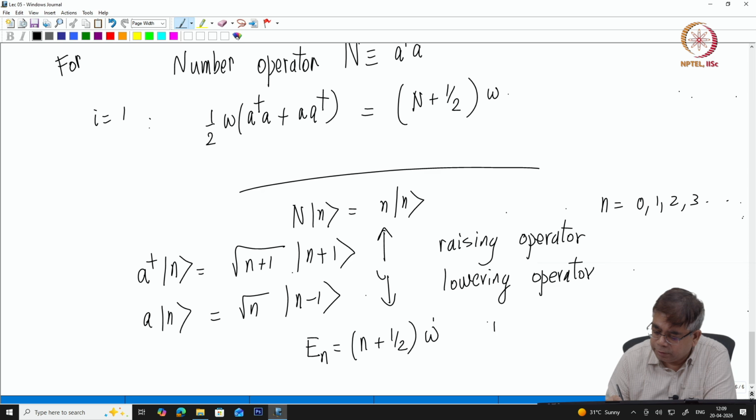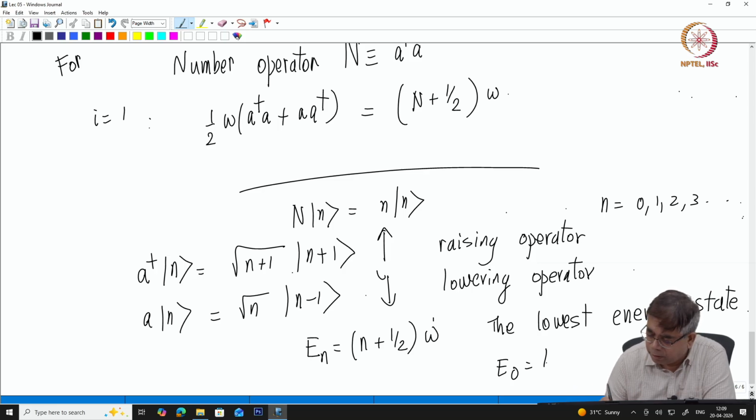And the lowest energy state is E0, equal to half omega, the zero point energy.